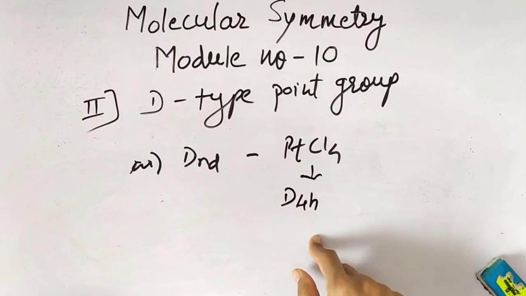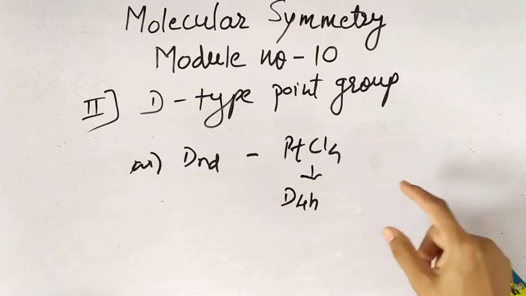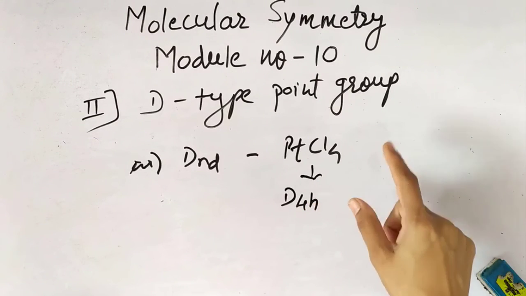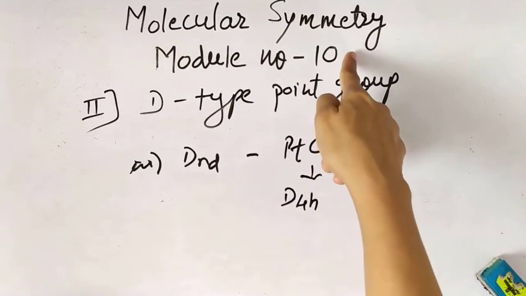Till the next module you have to solve and try to find what the symmetry elements present in this PtCl4 molecule are. I have told you before that we have taken the PtCl4 molecule many times while explaining many of the symmetry elements, and at that time I told you it is such an example which contains almost all the symmetry elements present in this chapter.